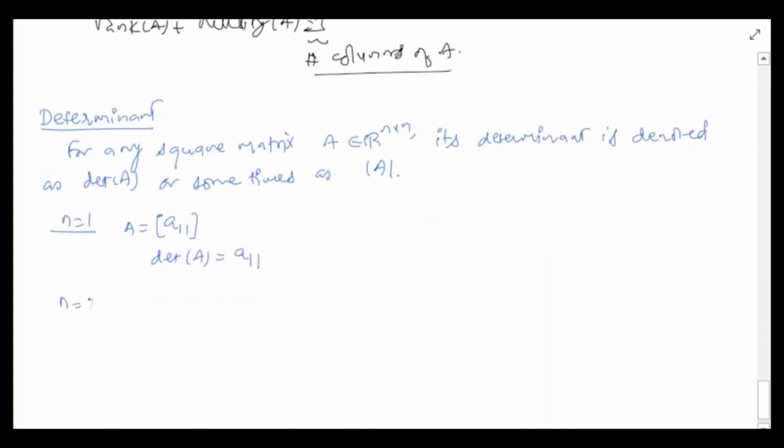When n is 2, that is, now we are focusing on 2 by 2 matrices, let's say A is A11, A12, A21, A22. Then the determinant of A is A11 times A22 minus A21 times A12.